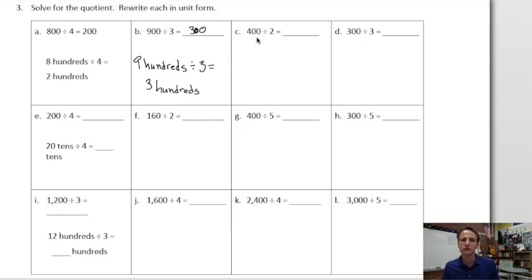Let's move on. 400 divided by 2, so that's 4 hundreds, 4 hot dogs, divided into 2 equal groups.